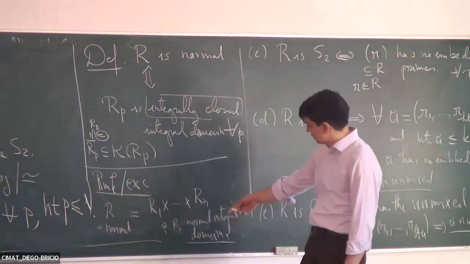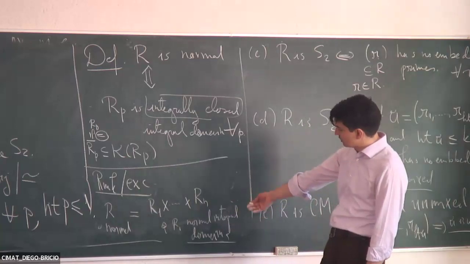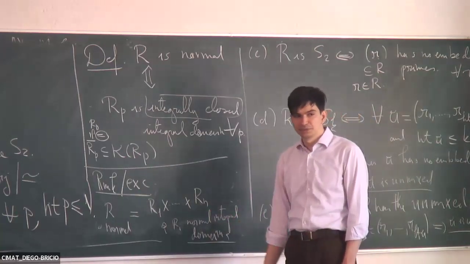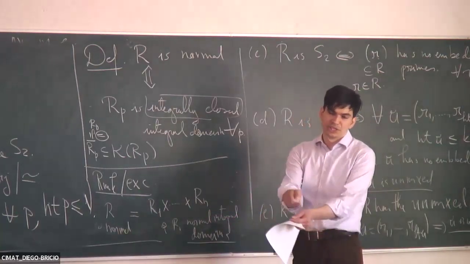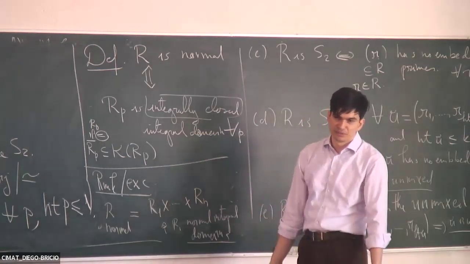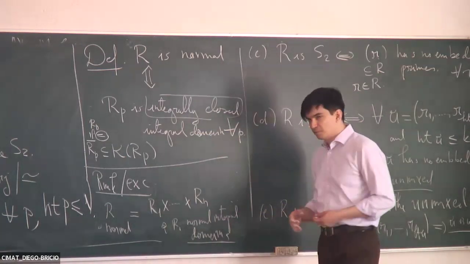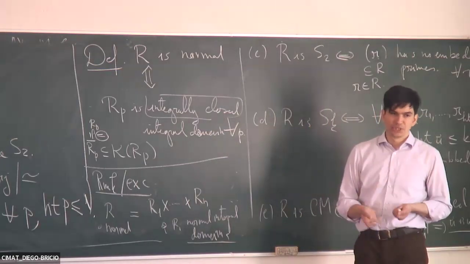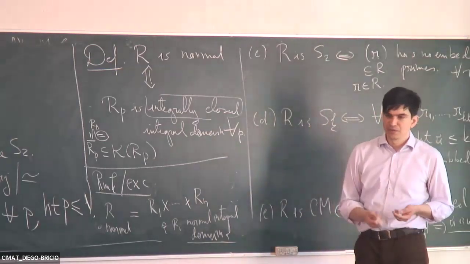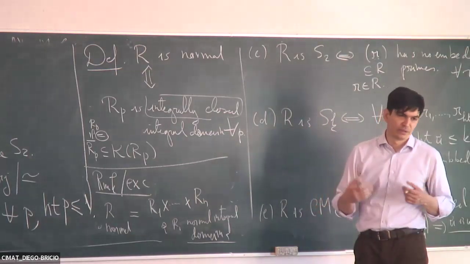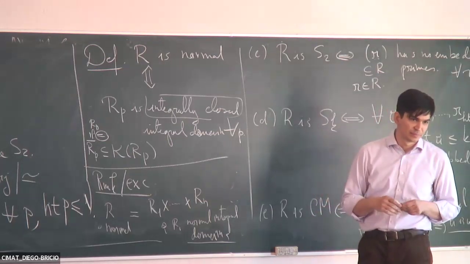And one can see that an integral domain is normal if and only if it is integrally closed, because then you check that at the generic point. So yeah. In other words, when you're studying normal rings, you often can reduce to the integral case.